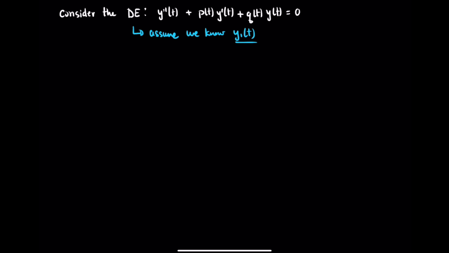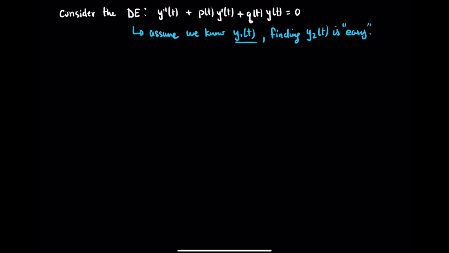So if we have y1(t), then finding y2(t) is easier than solving it another way.